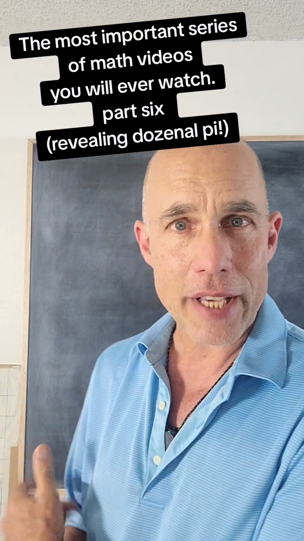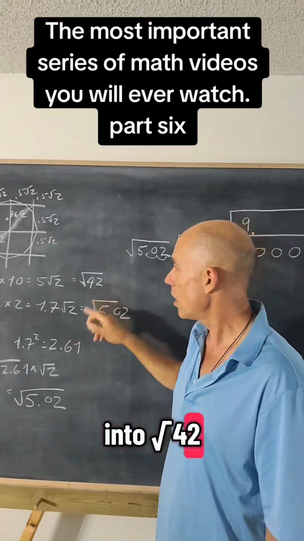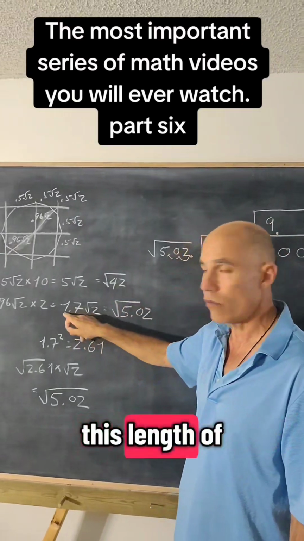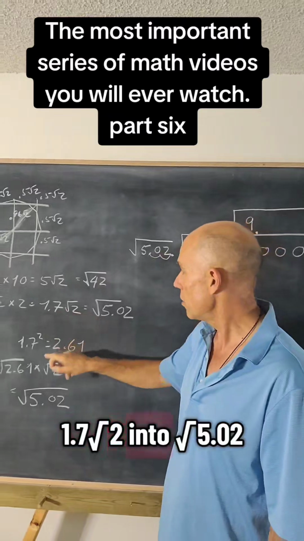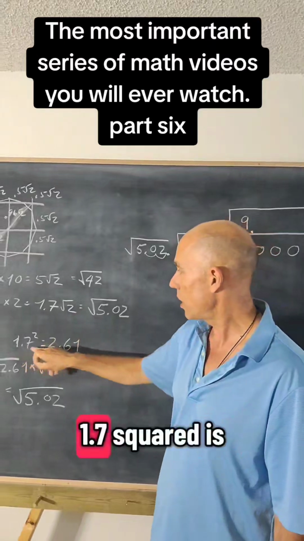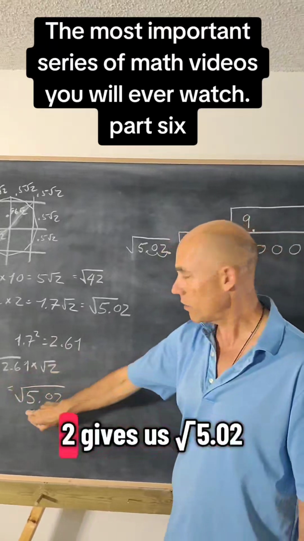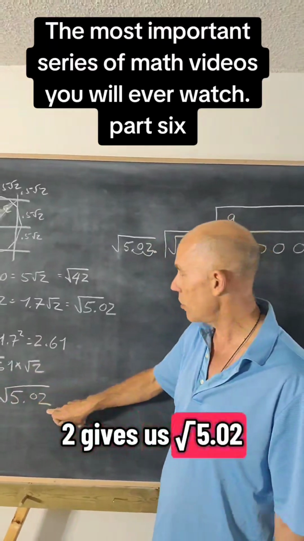So we've already started that calculation. Let's just jump in to the square root of 4 do 2. And we've converted this length of 1.7 root 2 into a square root of 5.02. 1.7 squared is 2.61. Square root of that times 2 gives us the square root of 5.02.